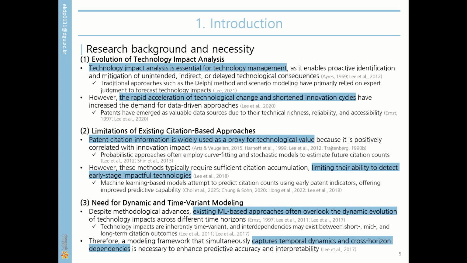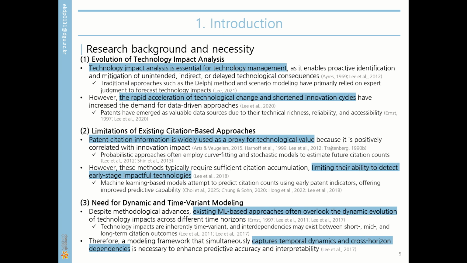This slide explains the research background and necessity of the study. Technology impact analysis is important because it helps identify the potential influence of technologies on future innovation and industry. Traditionally, expert-based approaches such as Delphi were used, but as technological development has accelerated, data-driven methods have become more important.